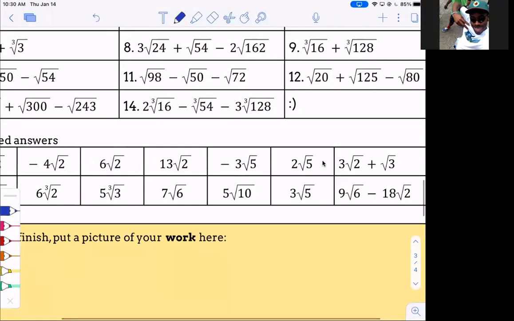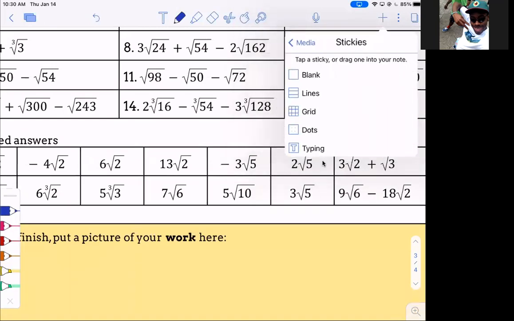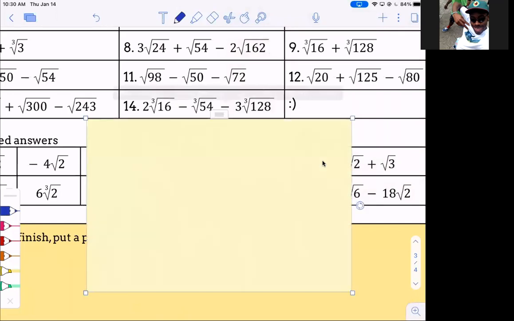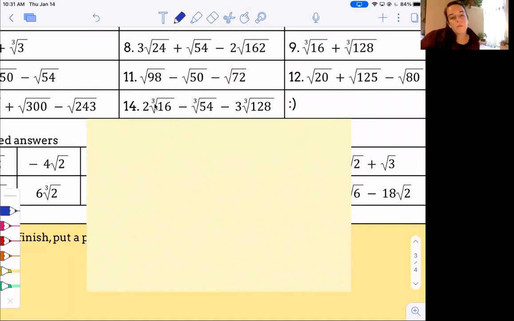I understand it. The only thing that confused me there was that the square root is 16, so it's a perfect square root. So how would I change that with the stuff outside? Well, for 14, you have to do a cube root. So even though 16 is a perfect square, we have to find a cube number that we can take out.